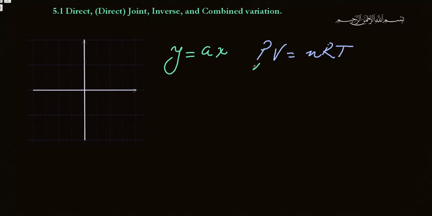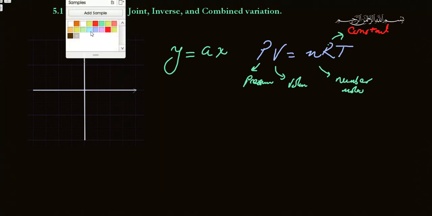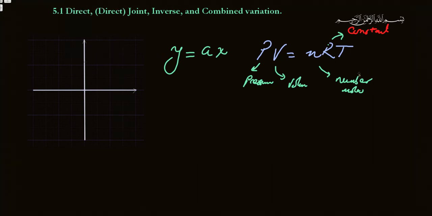P is the pressure that the gas is subjected to, which is related to the volume of the gas that the gas will occupy, and n is the number of moles, or how many gas molecules you have, and R is the constant here. In this case R is the constant of variation, okay, and T here is the temperature.